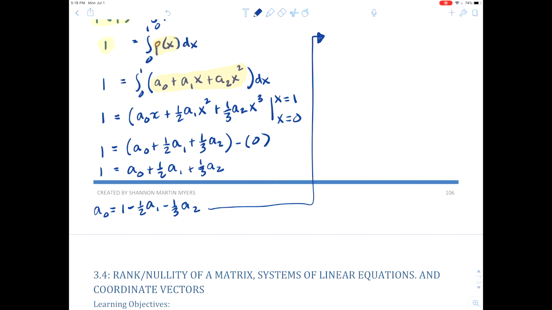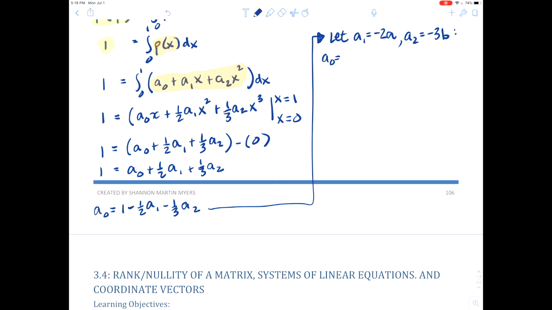Okay, so when we're parameterizing a polynomial, the convention is this. We usually clear out the fraction part, and then instead of having a1 and a2, we'll have a and b. So if we were to let a1 equal negative 2a and a2 equal negative 3b, let's see what we have.